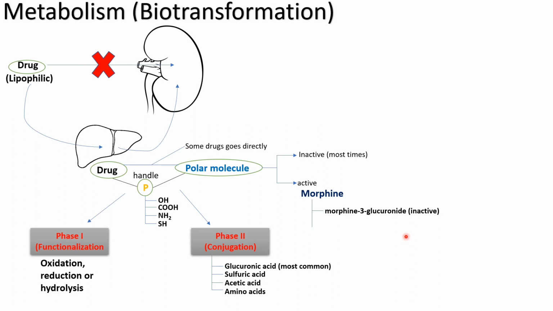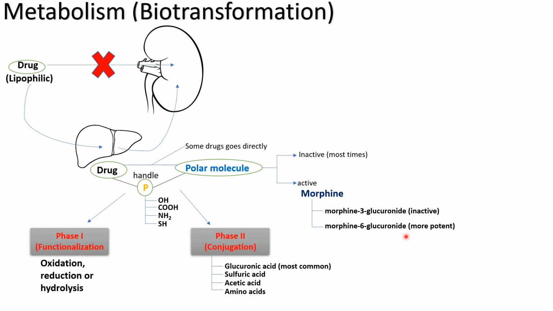We could have M3G, or morphine 3-glucuronide, which is inactive, and we can get morphine 6-glucuronide, which is even more potent than morphine. So, metabolism does not always result in inactive metabolites.